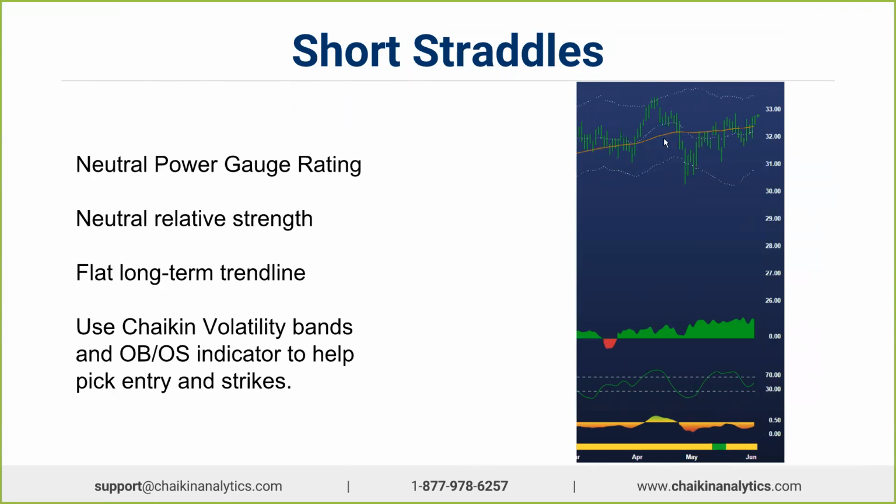You want to catch this pretty much at the exact same spot that you sold it. So if you enter the trade here, you want to exit the trade at the same spot, right? With the flatter, long-term trend line, you probably want to catch it somewhere in between. I would do it on a 3 to 5 week time frame for short straddles.